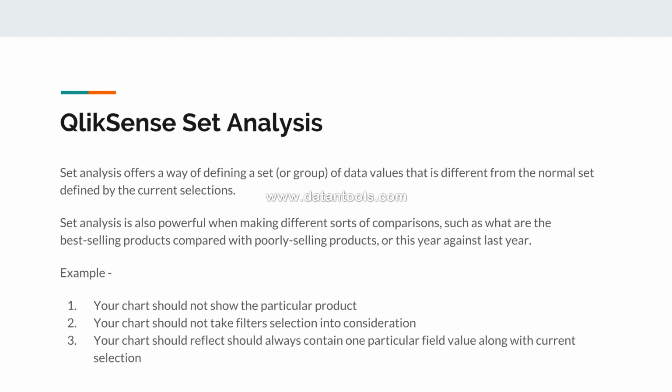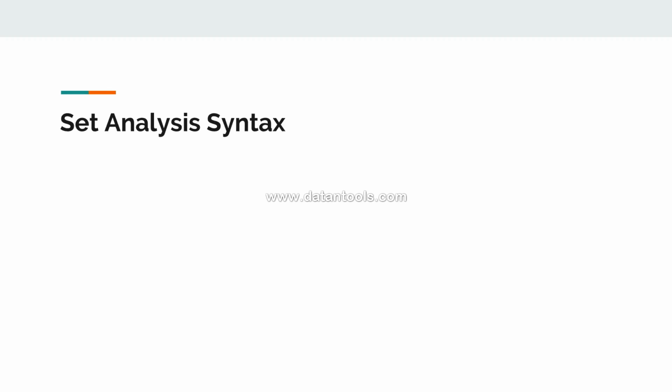Now let's see the syntax. Let's see the very basic set analysis syntax. So far you have been using sum with sales, but now we have this complex expression. I know it looks really difficult right now because there are a lot of things. There are these curly brackets, so that's where your expressions start.